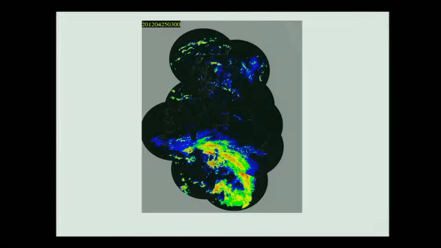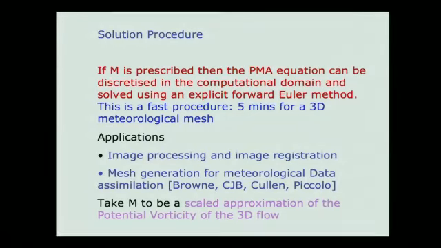And that's what you do. As I say, we use explicit methods, explicit forward Euler. And for a meteorological problem, such as the one I'm about to show you, with a million or perhaps rather more than that mesh points, such as a local area model, we can typically generate a 3D mesh in about 5 minutes.